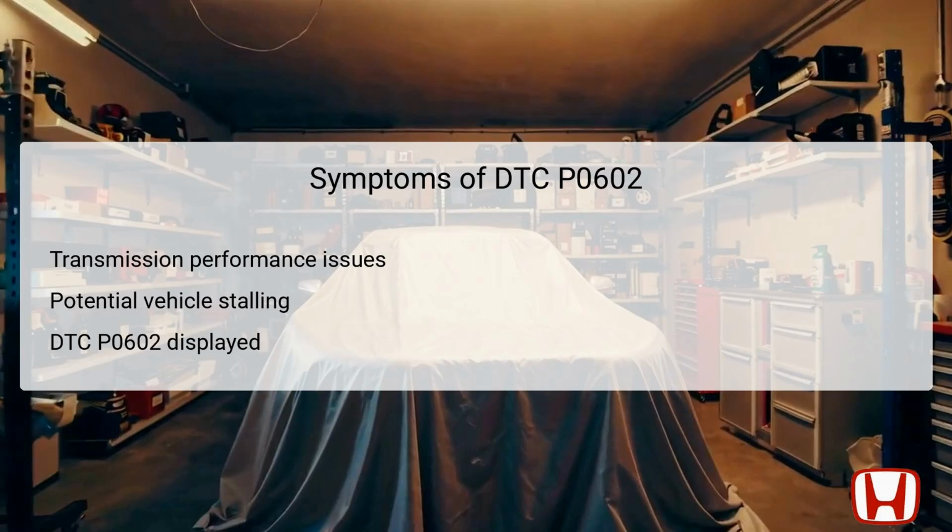Furthermore, the presence of DTC P0602 itself can be observed through diagnostic scanning tools when connected to the vehicle's OBD-II system. Recognizing these symptoms early can aid in timely diagnostics and repairs, preventing further complications within the transmission system.